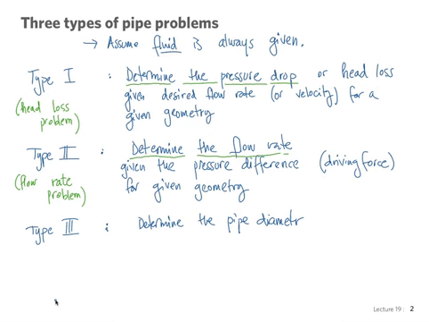So you have to cap how much power is required from the pump, and so you want to size the diameter of the pipe accordingly to that constraint. That's another possibility.